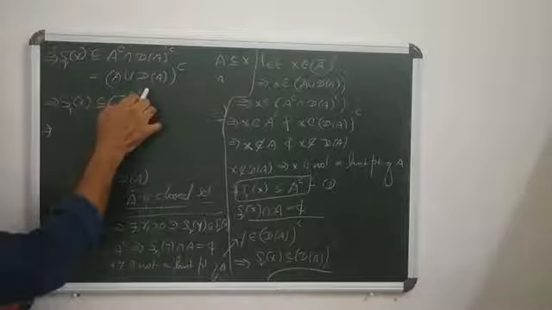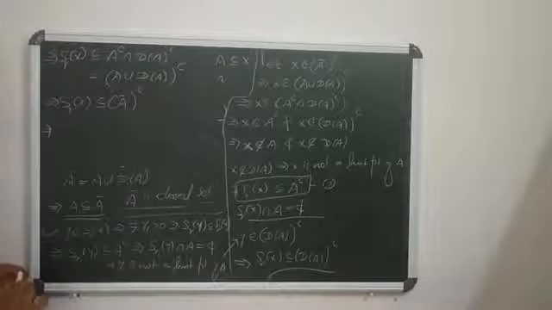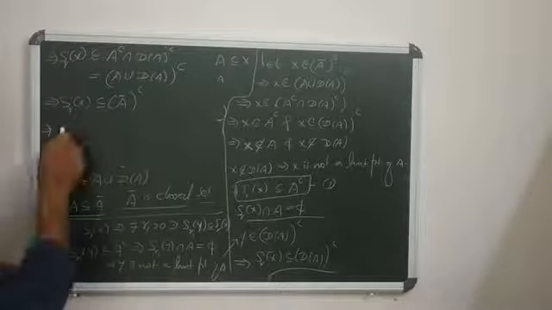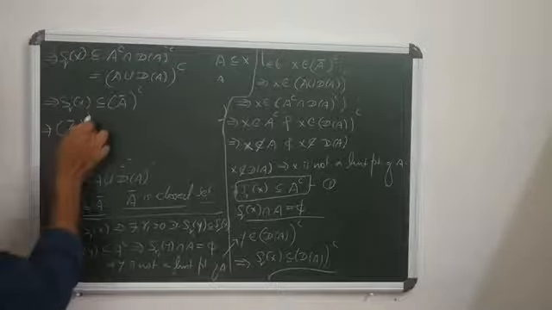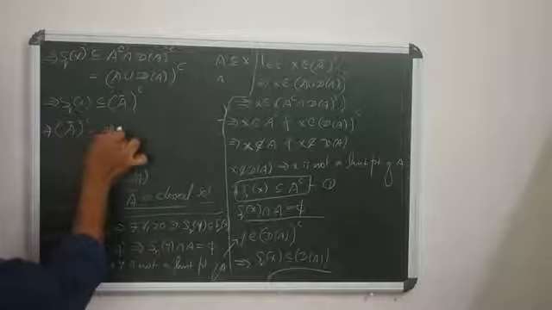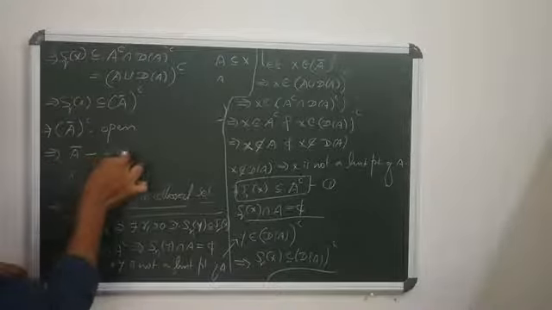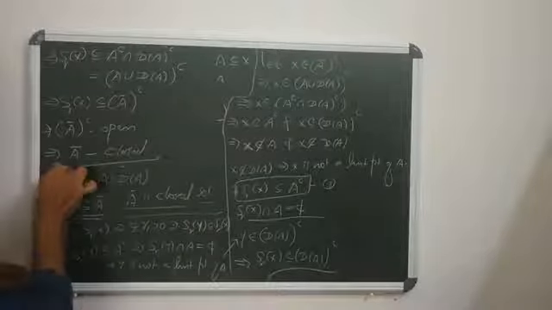So A closure complement has an open sphere with center x and radius r greater than 0. That means A closure complement is open, so A closure is closed. So this is the requirement.